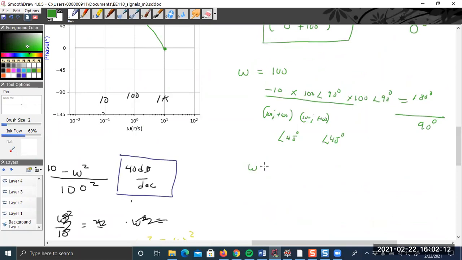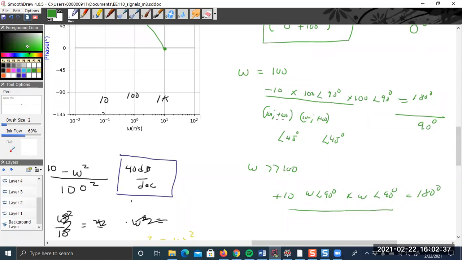Right? If omega is much, much greater than 100, I still have, since we're caring about phase, right? We have 10 omega 90. So it's still 90.